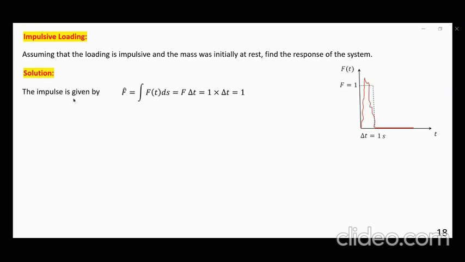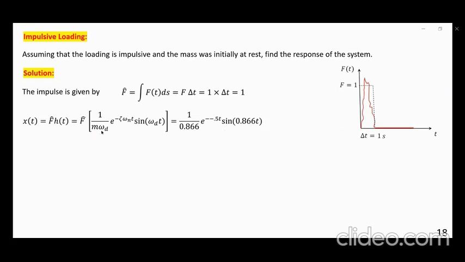Well, first of all, if you have an impulsive force, find the impulse, the area under the curve. Because I wanted to approximate this height with a height of 1, the area of that rectangle is 1.